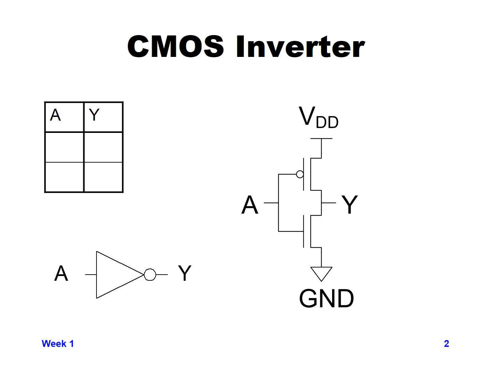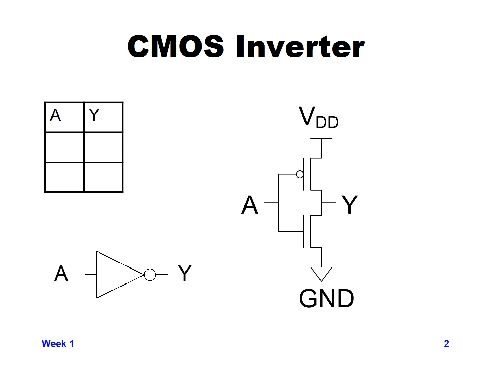So here we have one of the simplest circuits that we can construct with CMOS devices, which is a single NMOS device connected in series with a single PMOS device between VDD and ground.